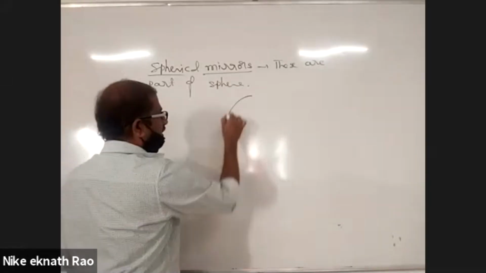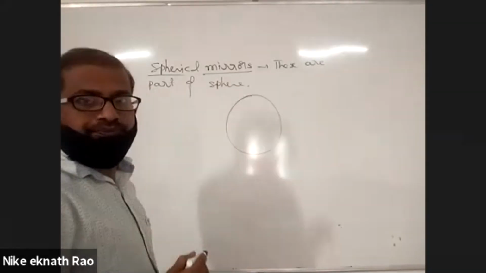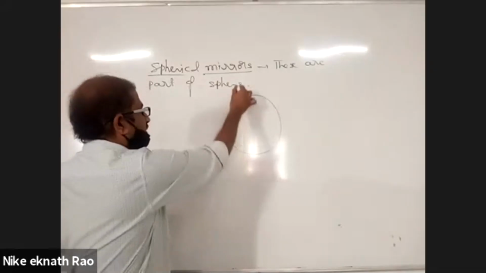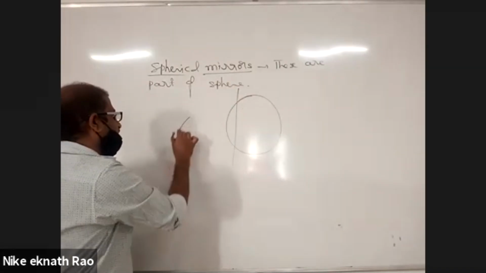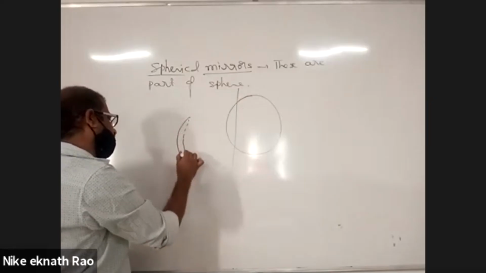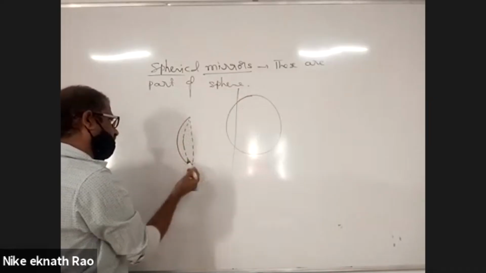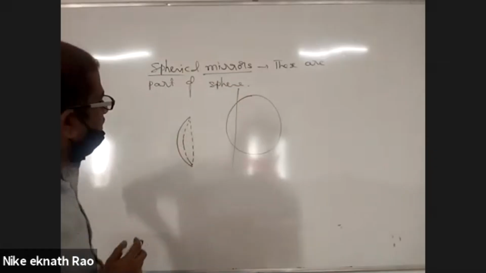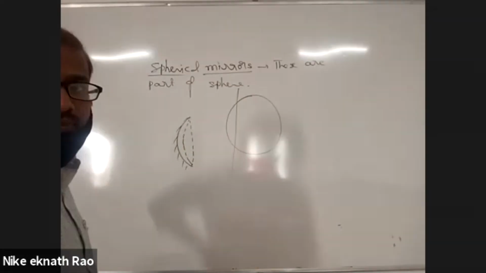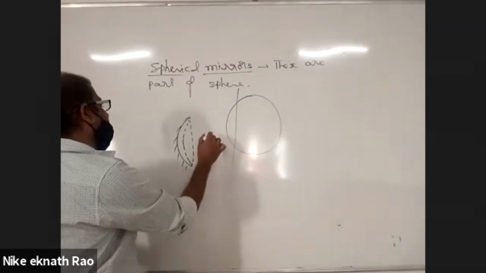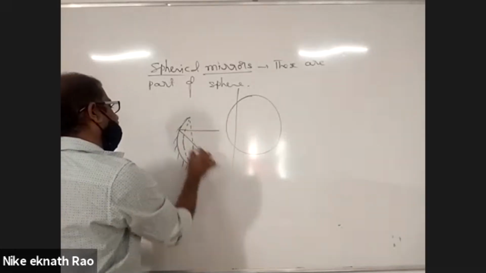We have a hollow sphere like this. Okay. When we cut the hollow sphere in this way, we have a region like this. In this region, if one side portion is silvered, is painted, then light comes here this way and reflects back.